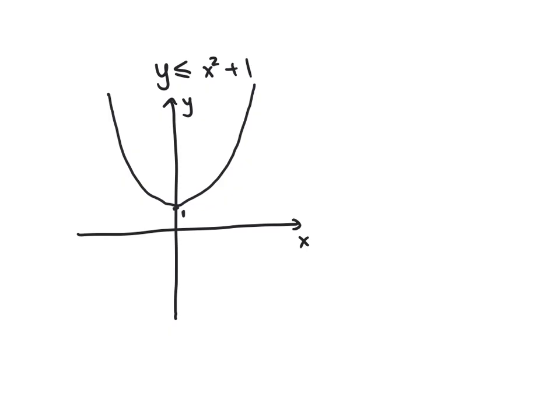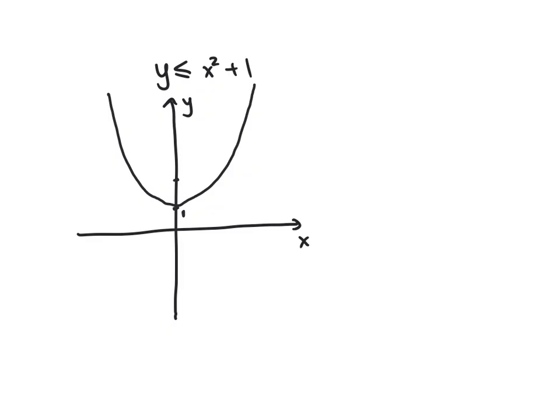Okay, it's symmetrical. So now this says that y is less than or equal to. So over here, the easiest thing to do is pick a point here, I'll say (0, 2).